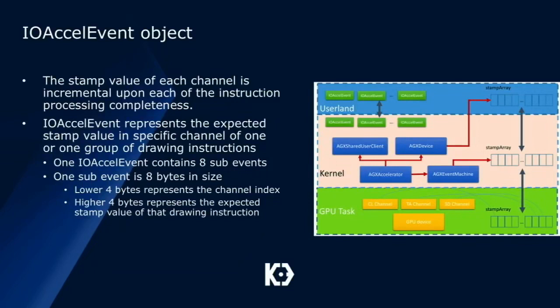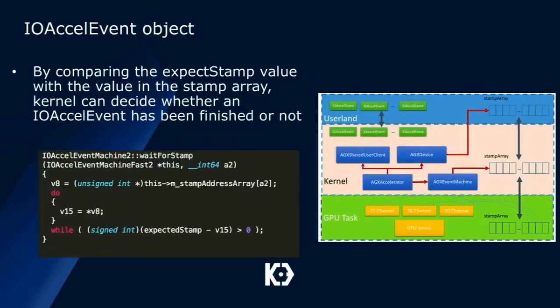On the kernel side, there is also an object called IOAccelEvent, which represents the expected stamp value in a specific channel of one or one group of job instructions. One IOAccelEvent contains 8 sub-events. One sub-event is 8 bytes in size, where its lower 4 bytes represent the channel index, and the higher 4 bytes represent the expected stamp value of that job instruction.